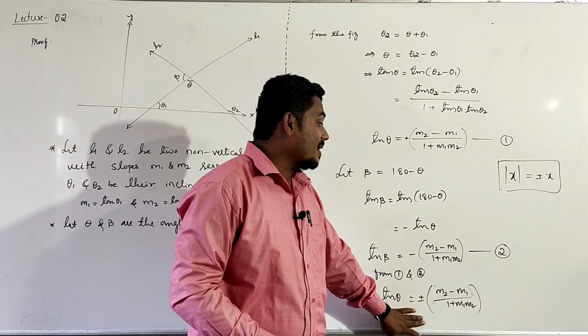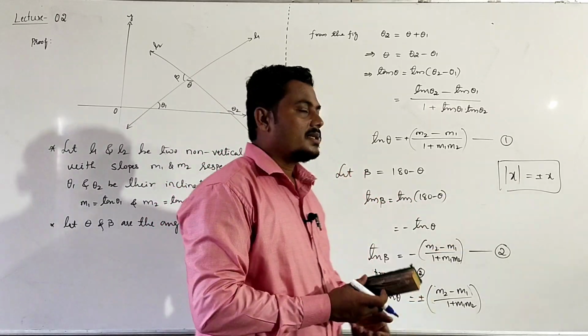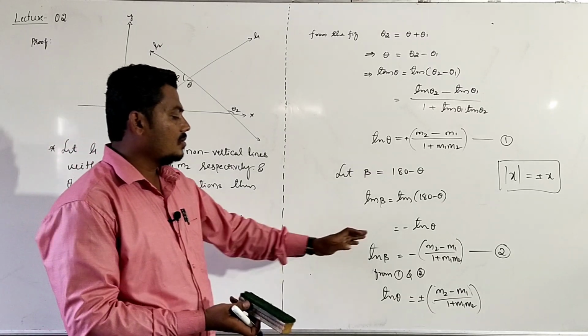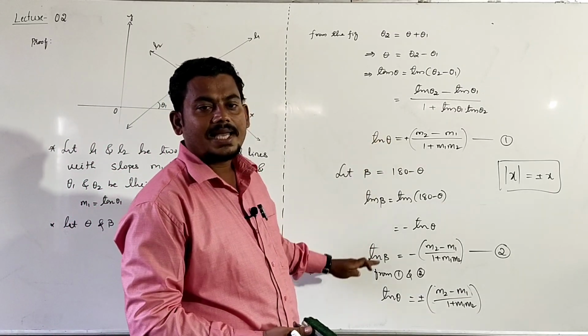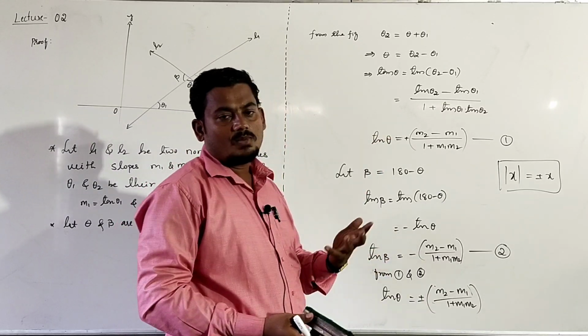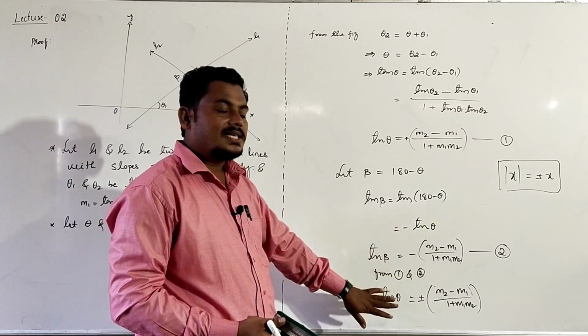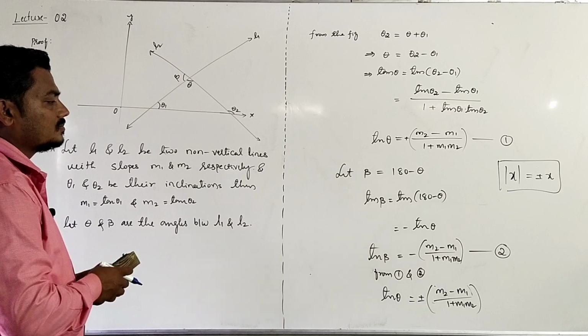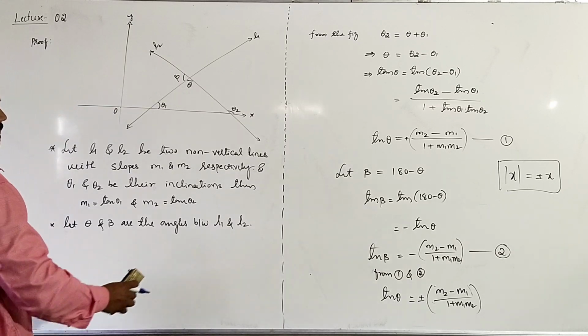To eliminate this plus or minus sign, simply take modulus, right? Tan theta, because both represent the angle between two lines only. If you take tan theta or tan beta, both are one and the same. So just consider tan theta, here theta is the angle between two lines, right?